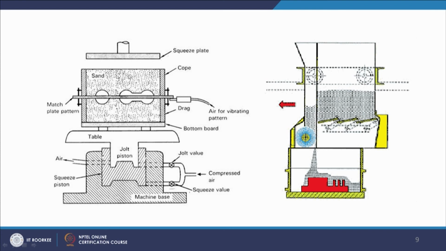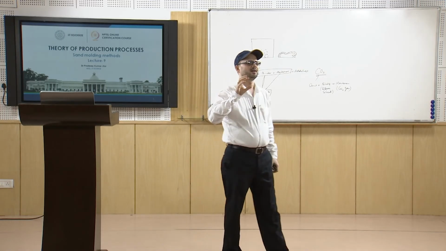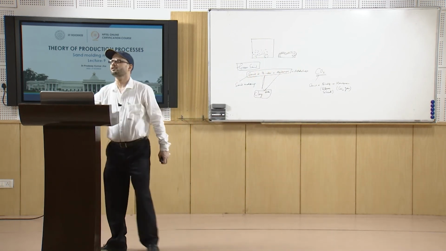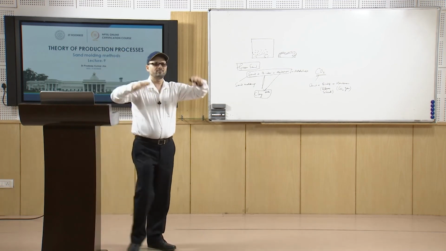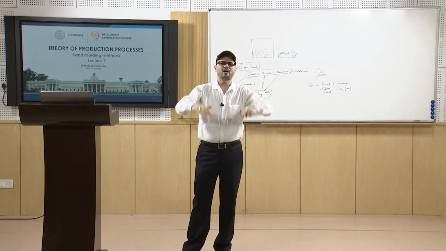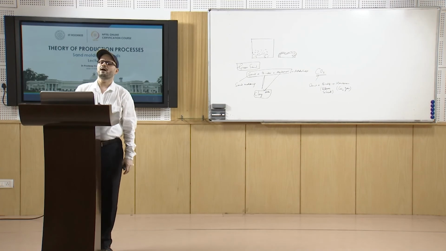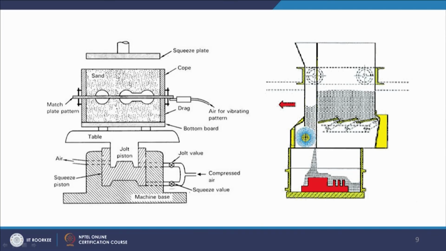In the case of jolting, there will be more compactness around the pattern. In squeezing, around the pattern there is less ramming, and away from the pattern you have more ramming. Whereas in jolting, when the platform is jolted heavily up and down, there will be more ramming around the pattern and less ramming towards the top surface.